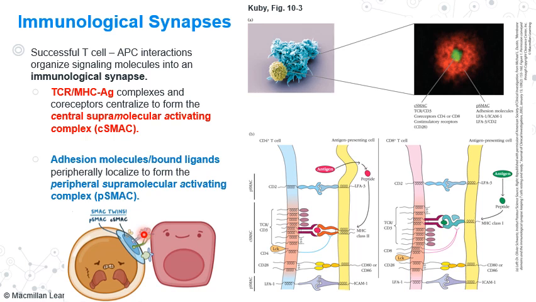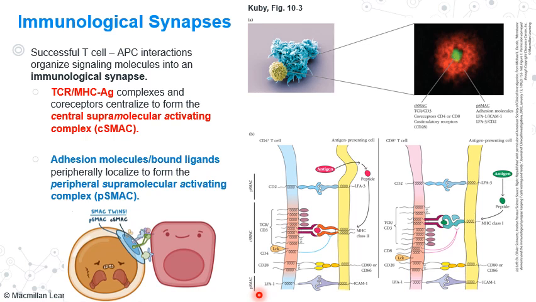You abbreviate that CSMAC. So it's right there. Here you have the T cell receptor interacting with the MHC molecule. This area right here is also including CD8 and B7 interaction. This central area, for the first and second signal, you call that CSMAC.